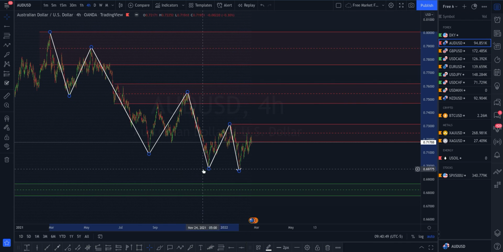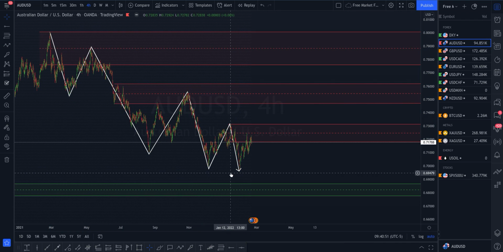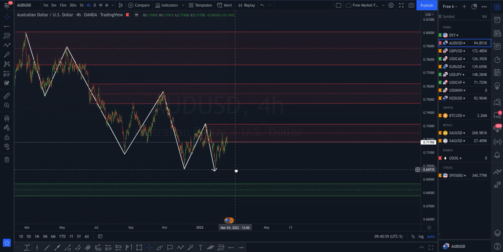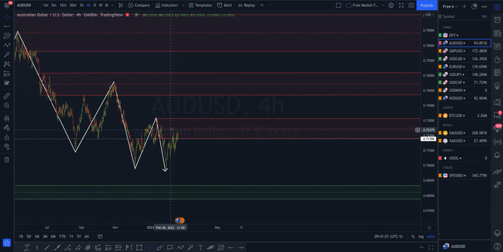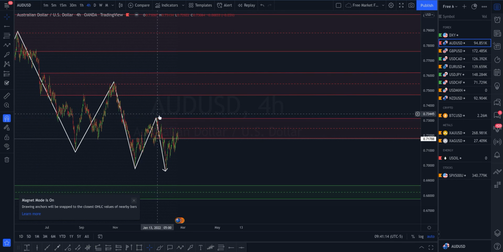Okay, this low was taken out by this low. So we are still in bearish structure on the Aussie dollar. This could be our lower high right here. I'm going to throw the magnet back on. Let's take a look at the Fibonacci.